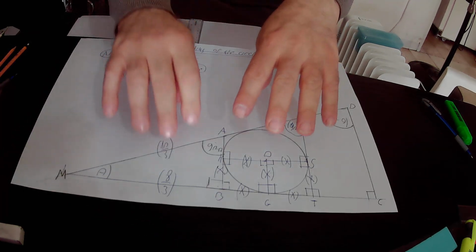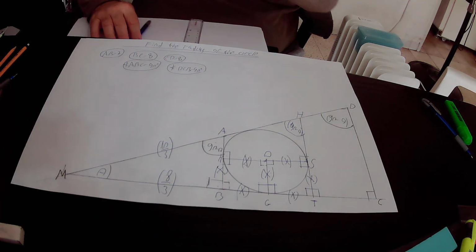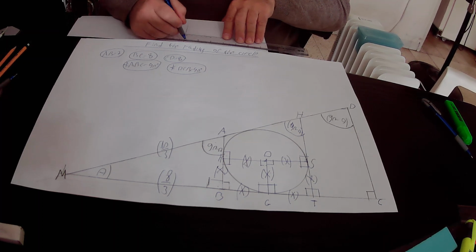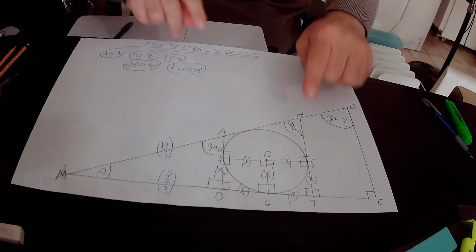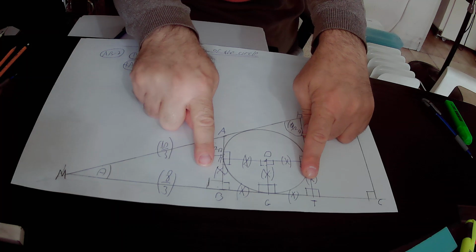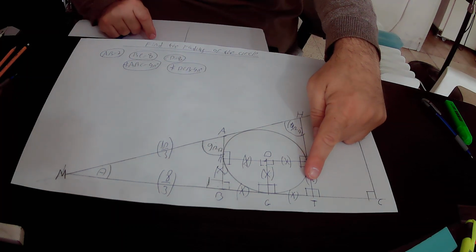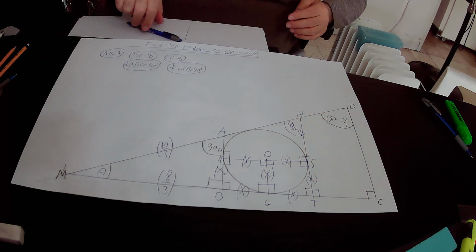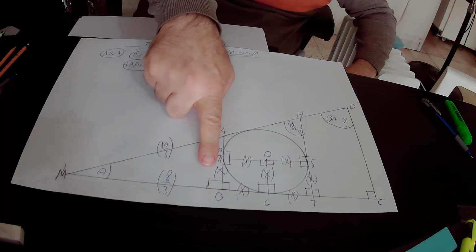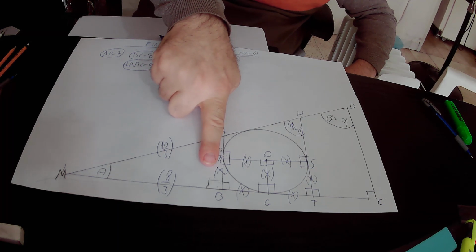So why are those two right triangles similar to each other? First of all, those two angles are both equal to 90 degrees, therefore they are equal to each other. So this is the angle HTM in the big triangle HTM, and it is equal to this angle, which is actually angle ABM in the small right triangle ABM.